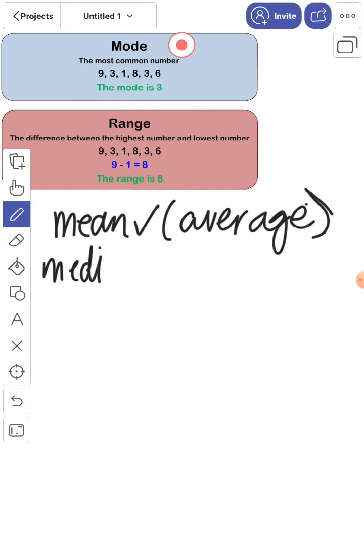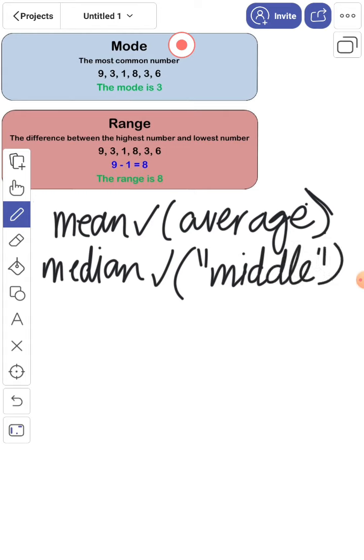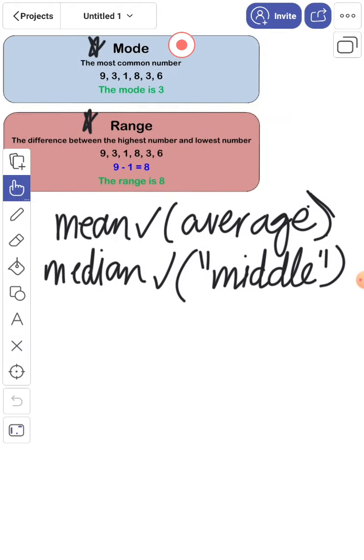We talked about median, the middle. Now we're going to talk about mode and range.